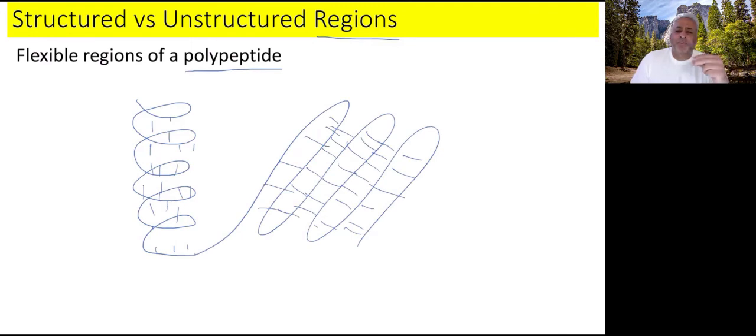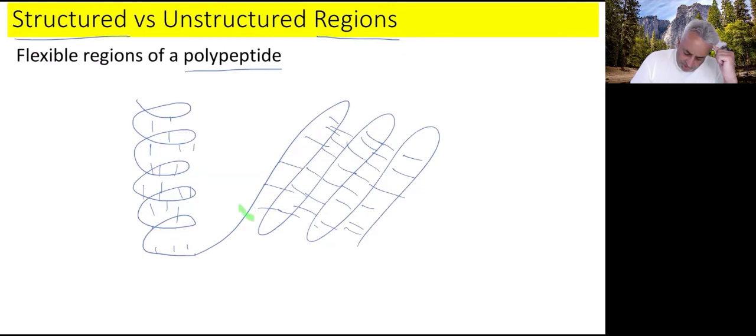So parts of a polypeptide or protein that are rigid are called structured. Parts that are floppy, that can have at different points in time a different configuration, are called unstructured. So maybe this region here, let's use a different color.